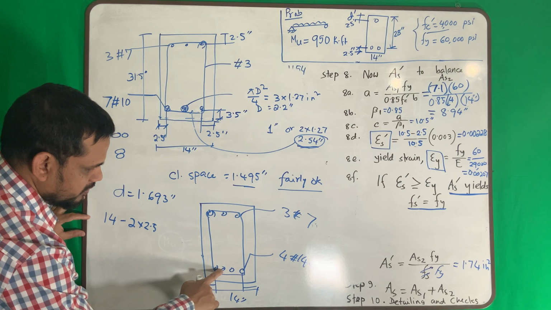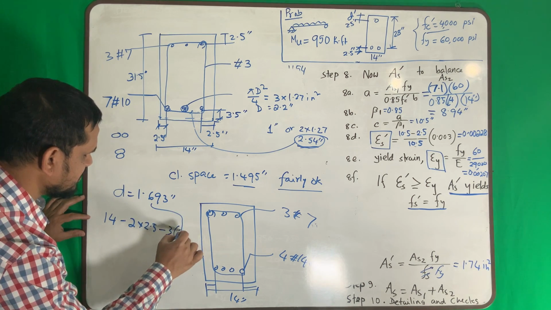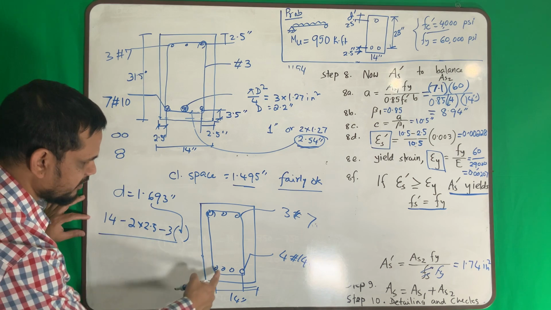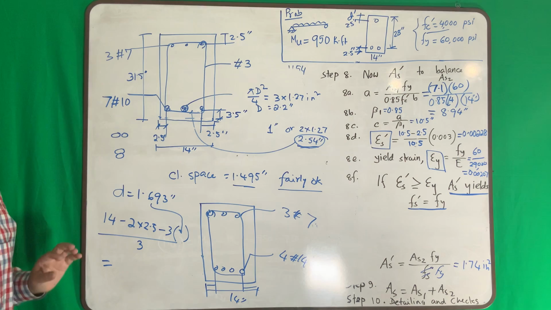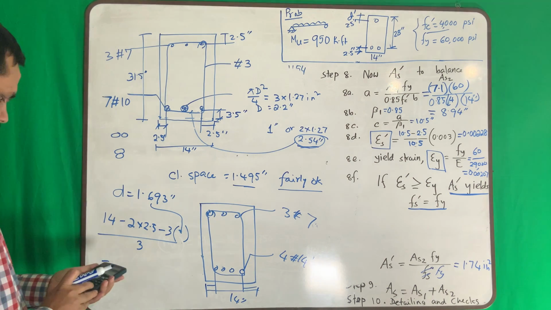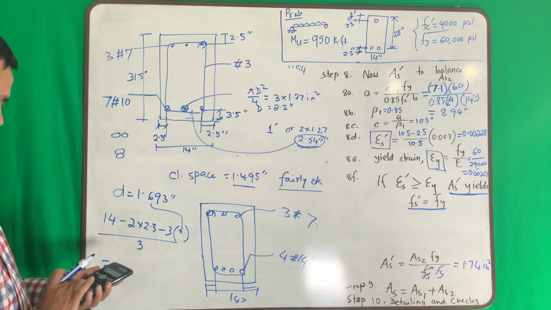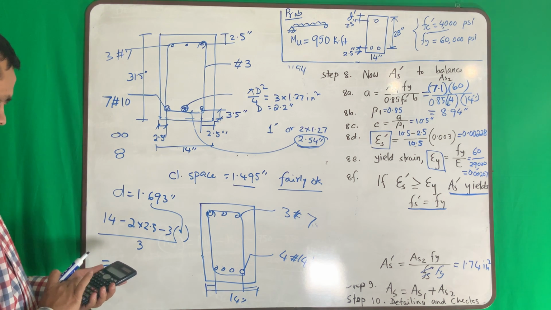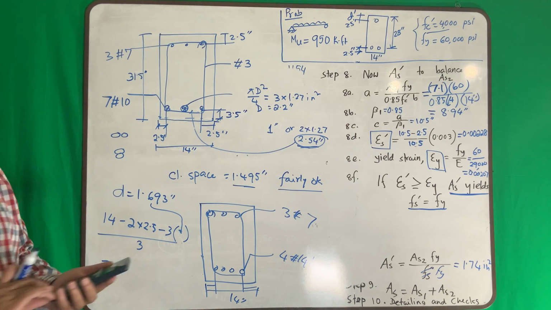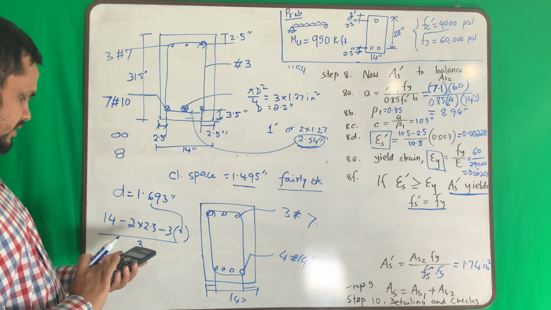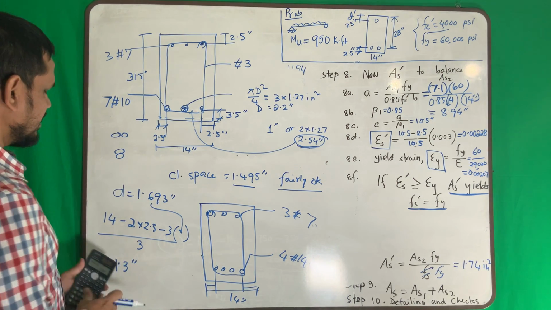Then 1, 2, half, 3 bar, 3 of this, divided by 1, 2, 3 space. So this will be my clear space. So 14 minus 2, 2.5 minus 3 times 1.693. Is it 1.693? Yes. Divided by 3. I got 1.3 inch clear space.